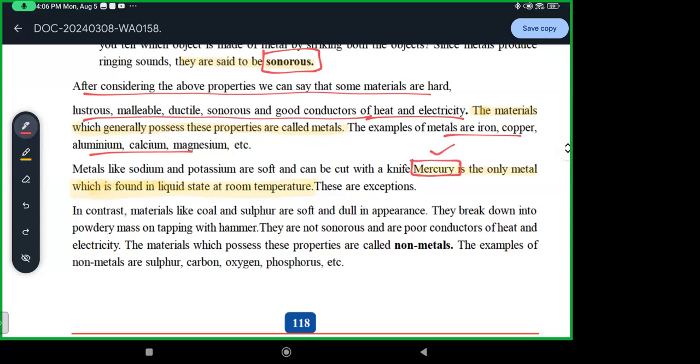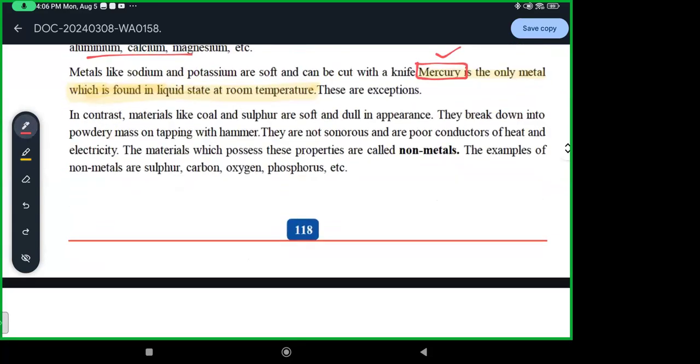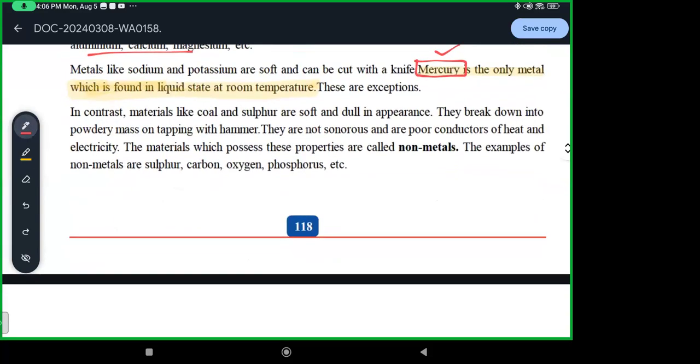Then, in contrast, materials like coal and sulfur are soft and dull in appearance. They break down into a powdery mass on tapping with a hammer. They are not sonorous and are poor conductors of heat and electricity. What happens to sulfur and coal? If you've ever pressed a piece of coal, it becomes a black powder.